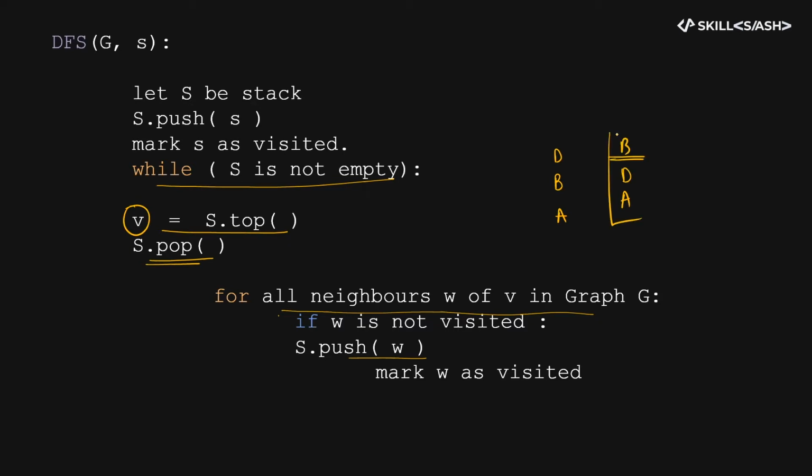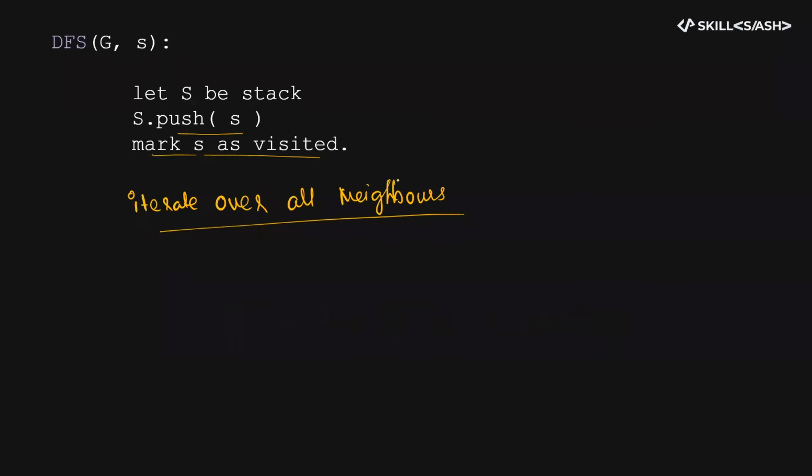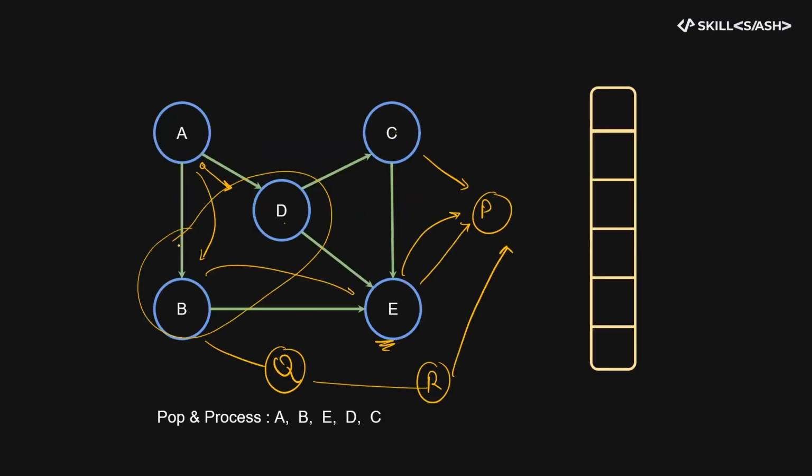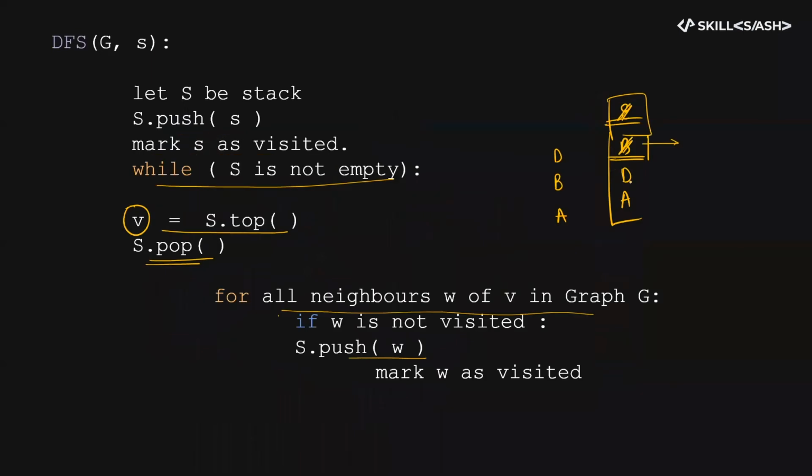Now I start processing B and I push E into that. Now once there is no node from E to process, I'll complete the processing and come back. Now B has a connection to D, but I'll see that, okay, it has already been pushed, because whenever I'm pushing into the stack, I'm marking them as visited.